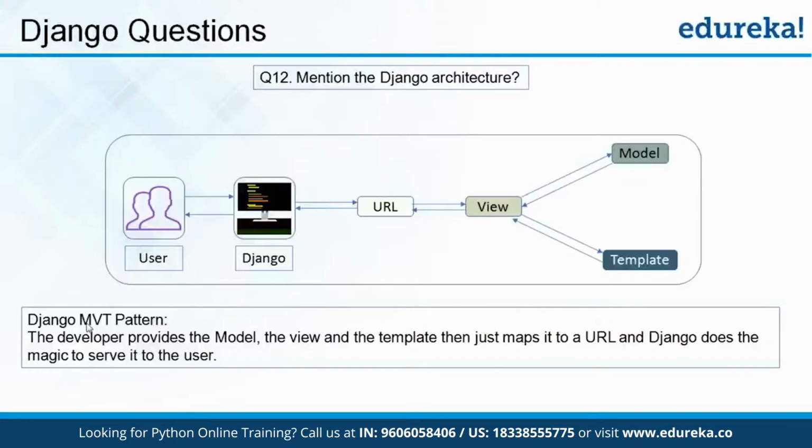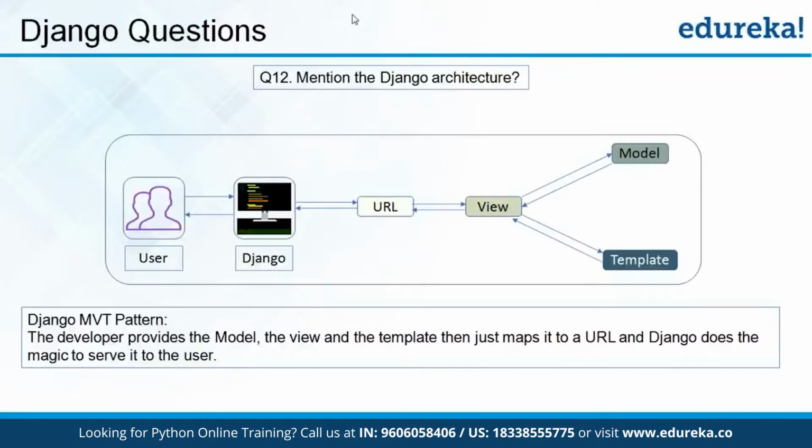Now MVT is model, view, and template. It is similar to MVC, which is model view controller, but here the model is similar in both MVC and MVT. The view over here functions as a controller itself. The view in Django functions as a regular controller and takes care of all the controller aspects.